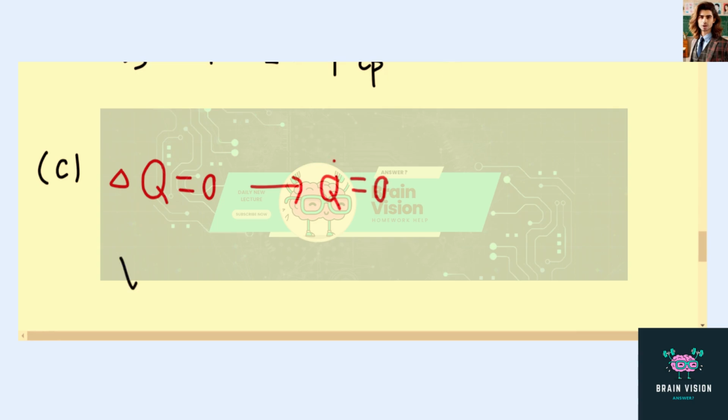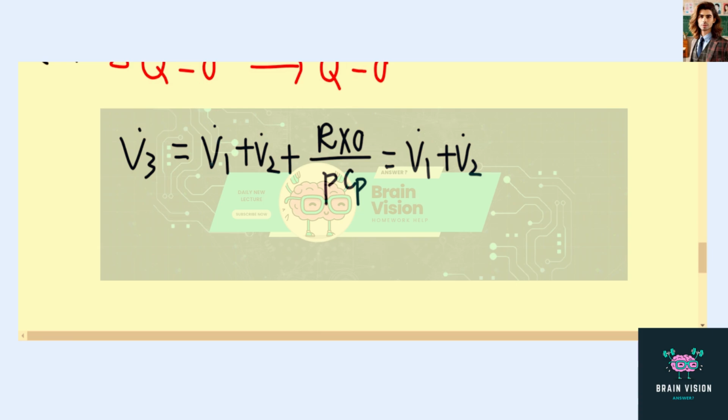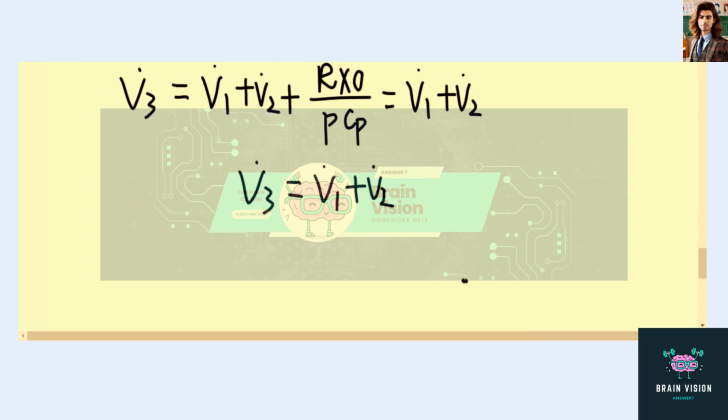So the equation for V3 dot is simply V1 dot plus V2 dot plus R times 0 over P Cp, which equals V1 dot plus V2 dot. So V3 dot is equal to V1 dot plus V2 dot if it's adiabatic mixing. And these are the answers for this question.